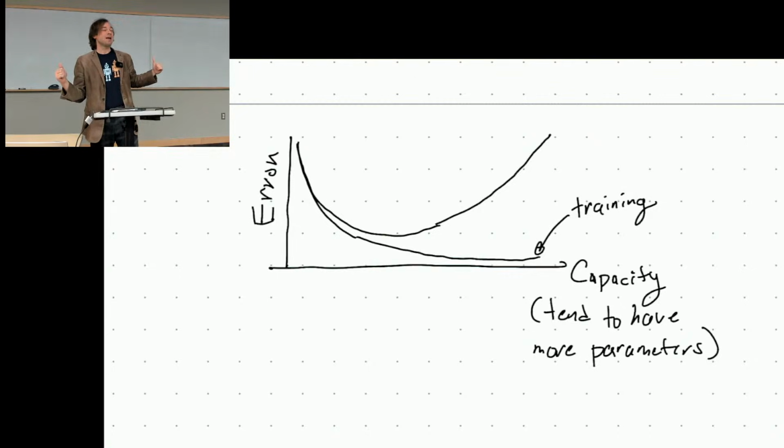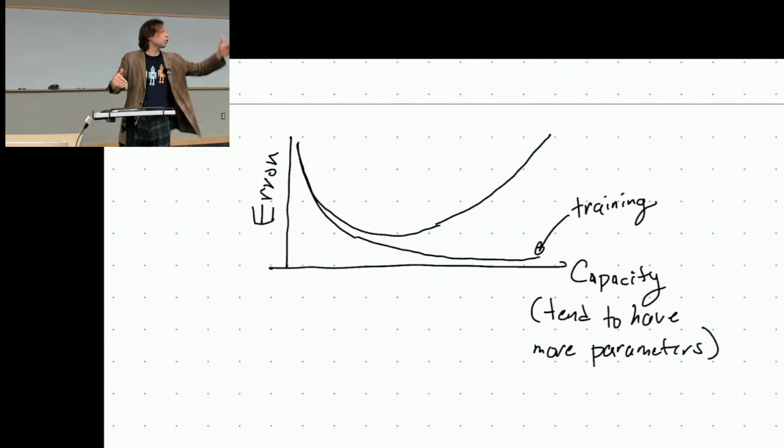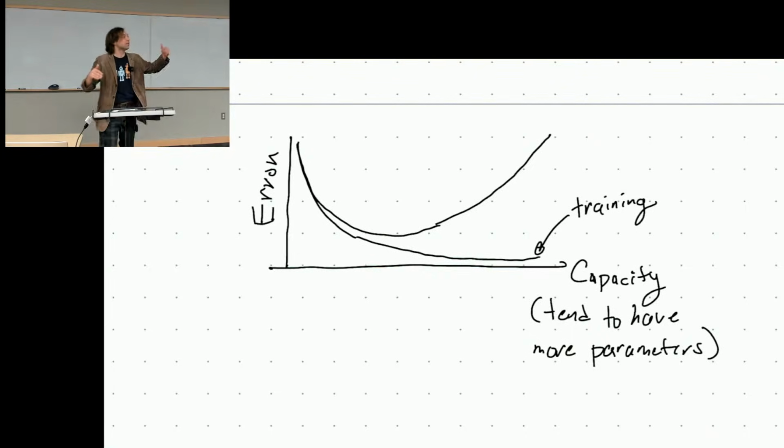Really, you can think about it in terms of a relative thing, like maybe a number of parameters. For polynomial fits, it could be just the number of parameters: linear, quadratic, cubic, quartic, quintic, etc. For a neural network, we haven't talked too much about them yet.